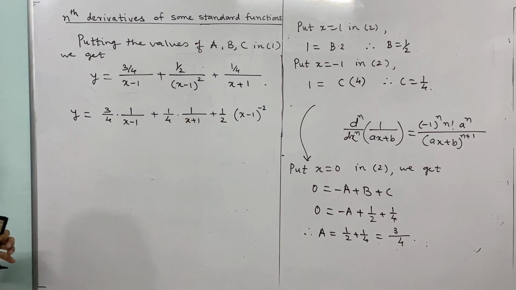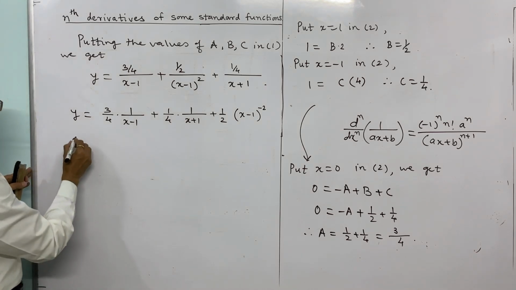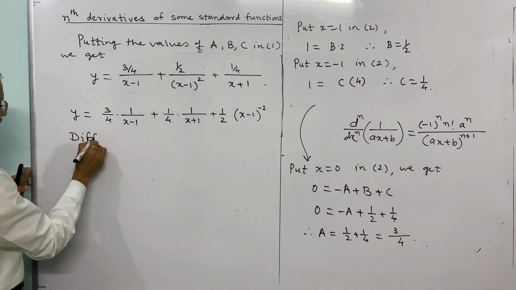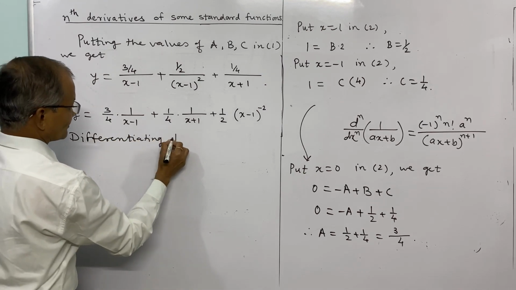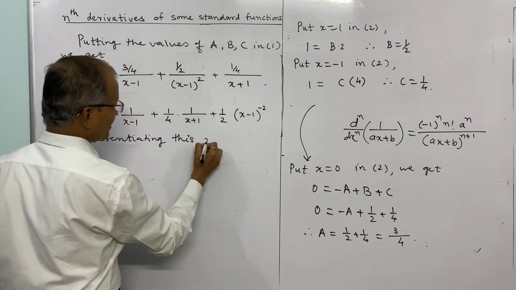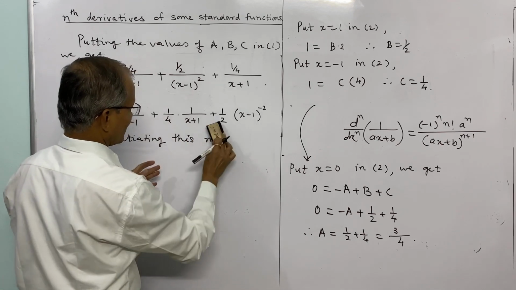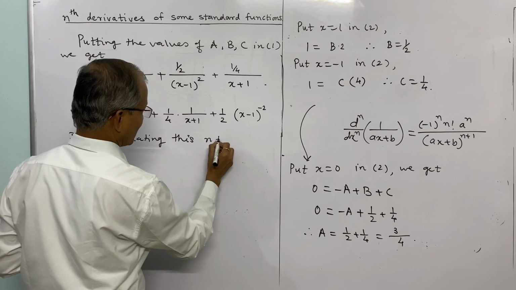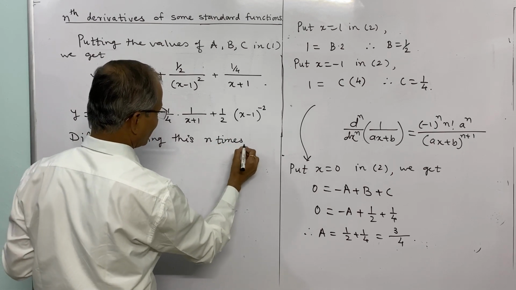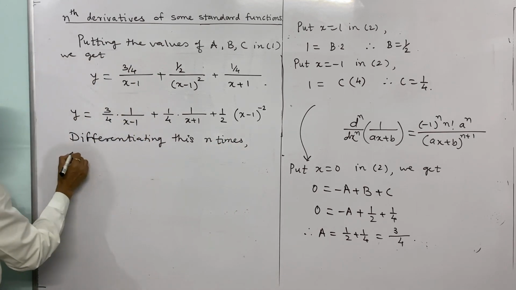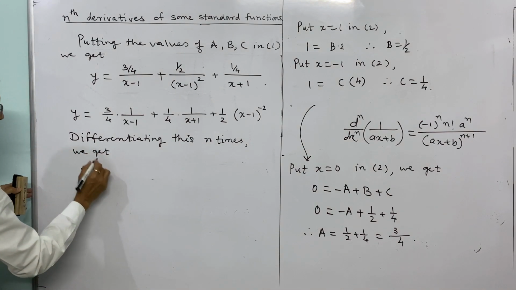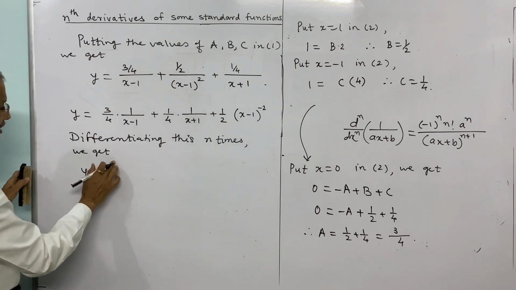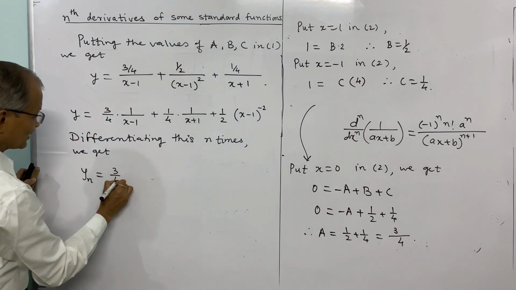And now we differentiate this n times using the formula. Taking the nth derivative on both sides, we get the nth derivative of y, I shall write y n. This is 3 by 4 times the nth derivative of this function.